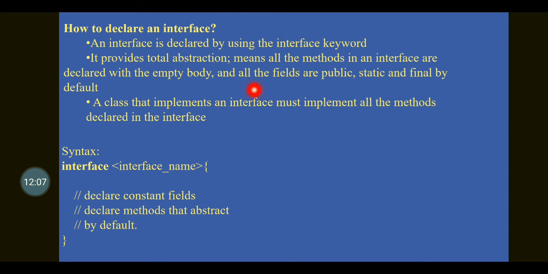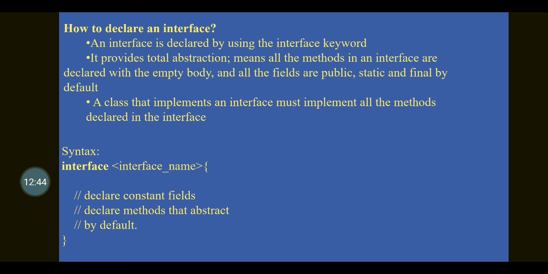It provides 100% abstraction, which means that all the methods in the interface can be declared without any definition, that is, with an empty body, and all the fields are public, static, and final by default, which means there is no need to give the keyword public or static or final.